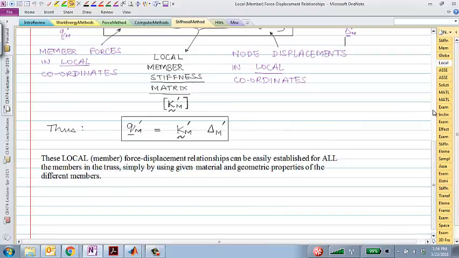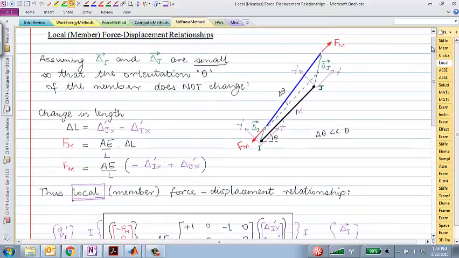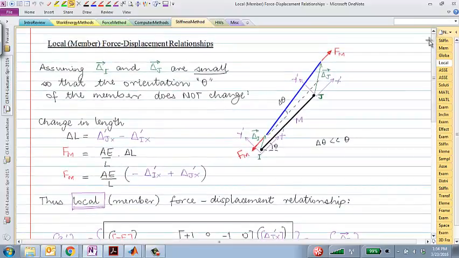And then finally, last time we looked at the local force and displacement relationship in the local coordinate system. What we did was we said that the force in a truss member would be proportional to the net total displacement of the member. So that's delta L. We expressed delta L as delta Jx prime minus delta Ix prime.